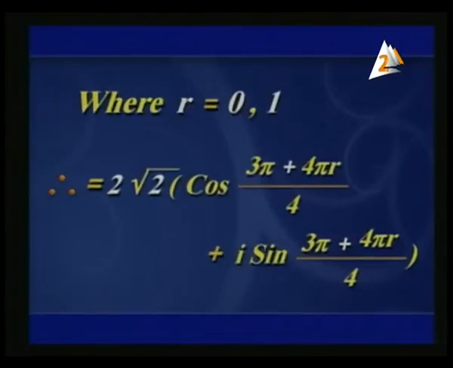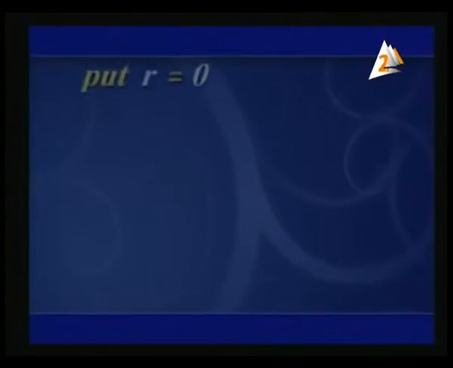Then z to the power half equals 2 root 2 times cosine of 3 pi plus 4 pi r over 4, plus i sine of 3 pi plus 4 pi r over 4. Now put r equals 0.